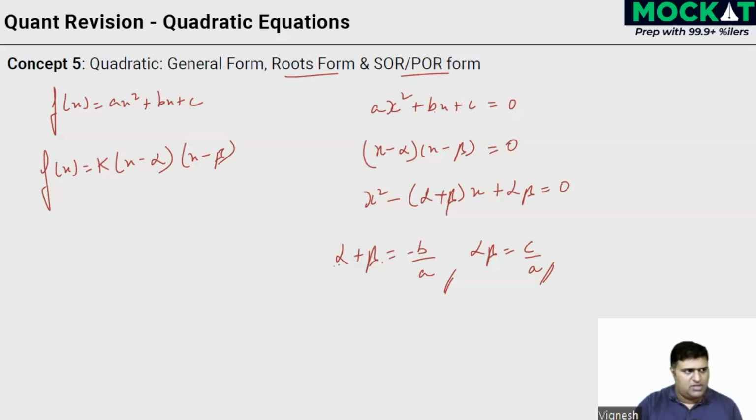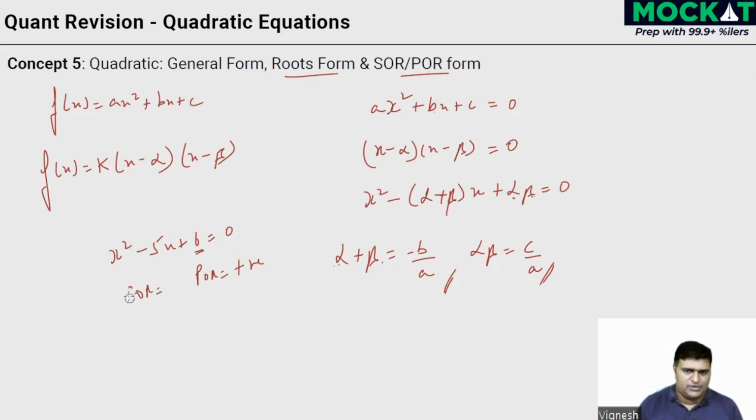And yeah, a couple of other things you could understand over here is your alpha beta should help you understand the sign of the roots as well, right? So if you're going to have something like x square minus 5x plus 6 equals 0, the POR over here is positive. The sum of roots is going to be what?